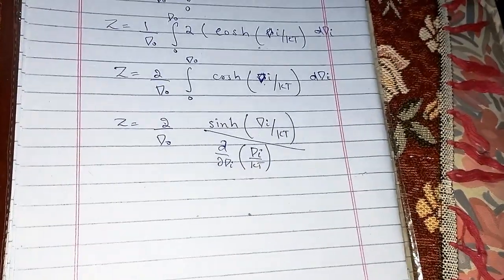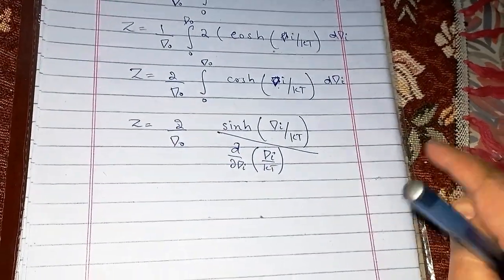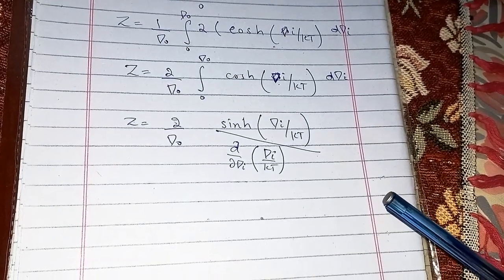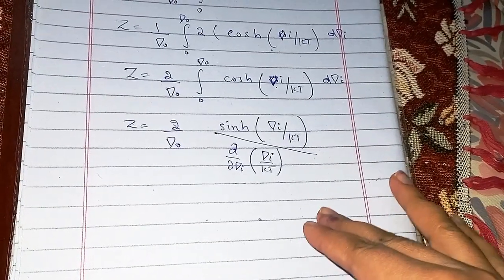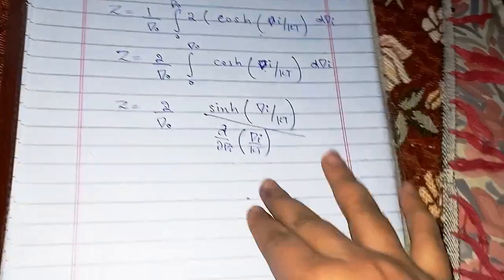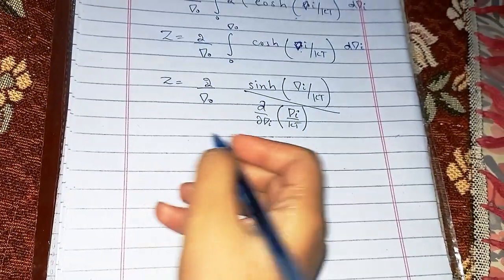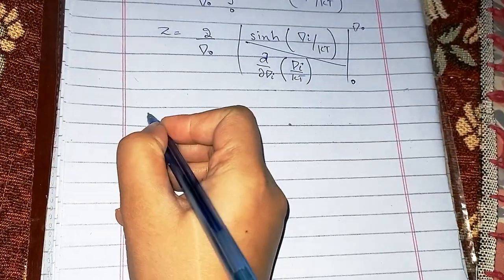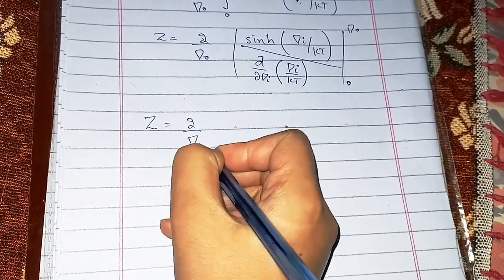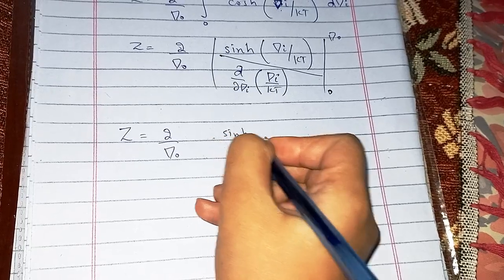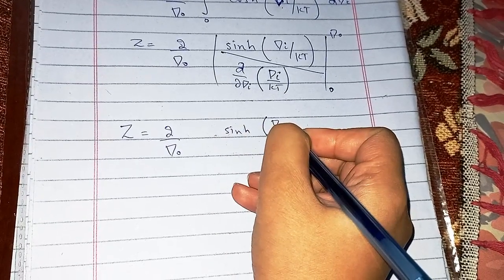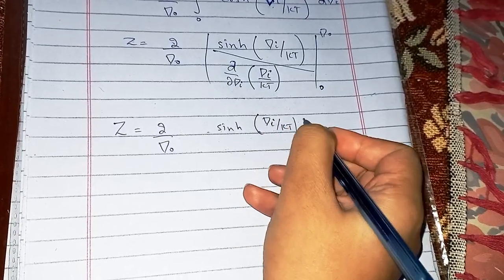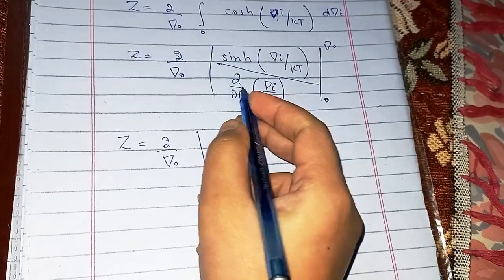Whenever you are differentiating, the inner term's derivative is multiplied, and it is divided if it's integration, so keep that in mind. We have the limit of integration from 0 to delta naught, z equals 2 by delta naught, and sine hyperbolic of delta I by kt. We'll apply the limit of integration later when we calculate the denominator.